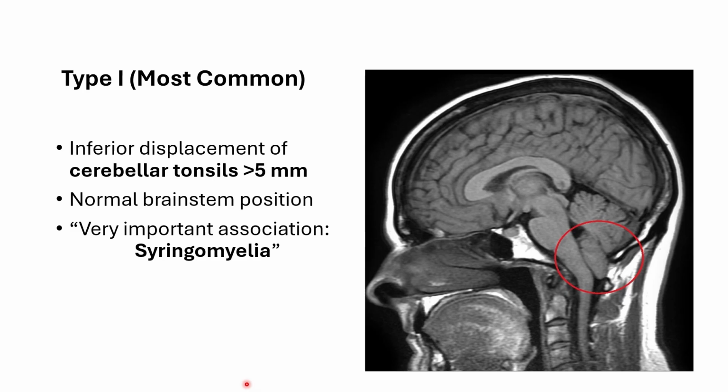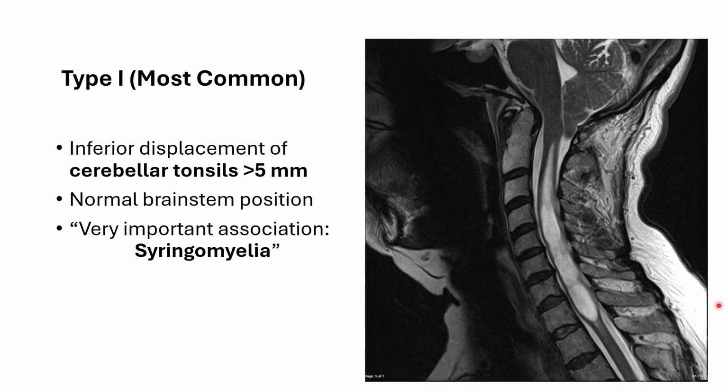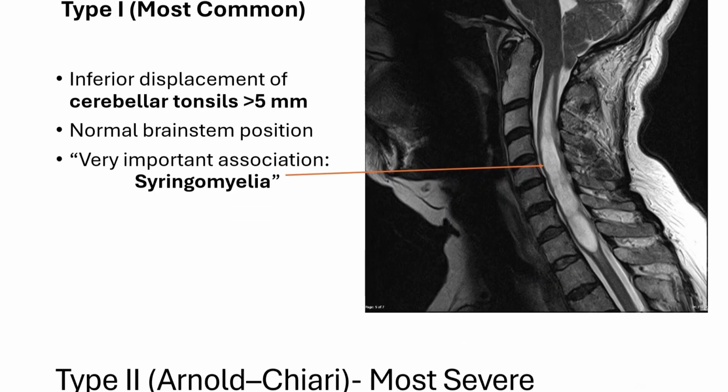Another feature is the normal brainstem position. The brainstem position is normal, and the cerebellar tonsil is herniated below the foramen magnum, and there is a very important association, that is syringomyelia. Here we can see the syringomyelia, CSF signal intensity within the spinal cord. This is a very important association with type 1 Chiari malformation.